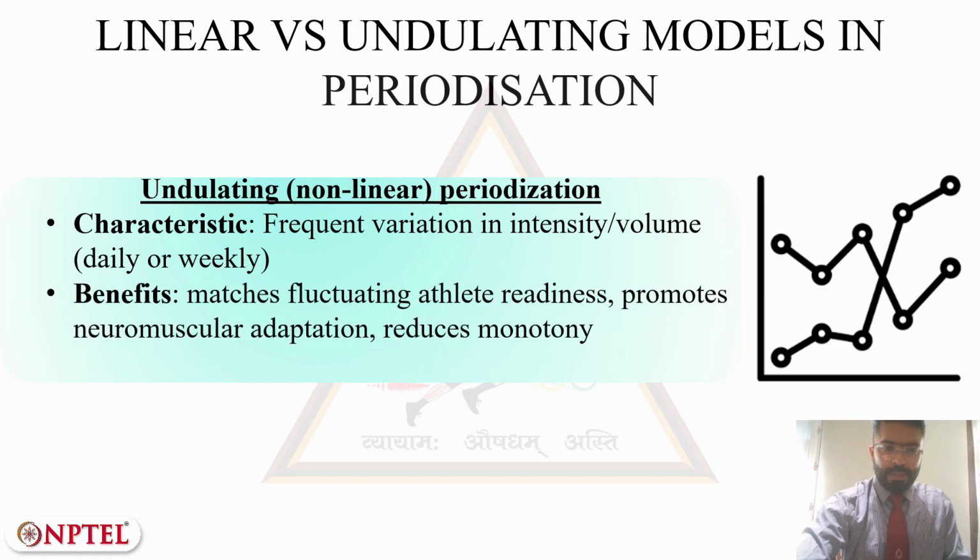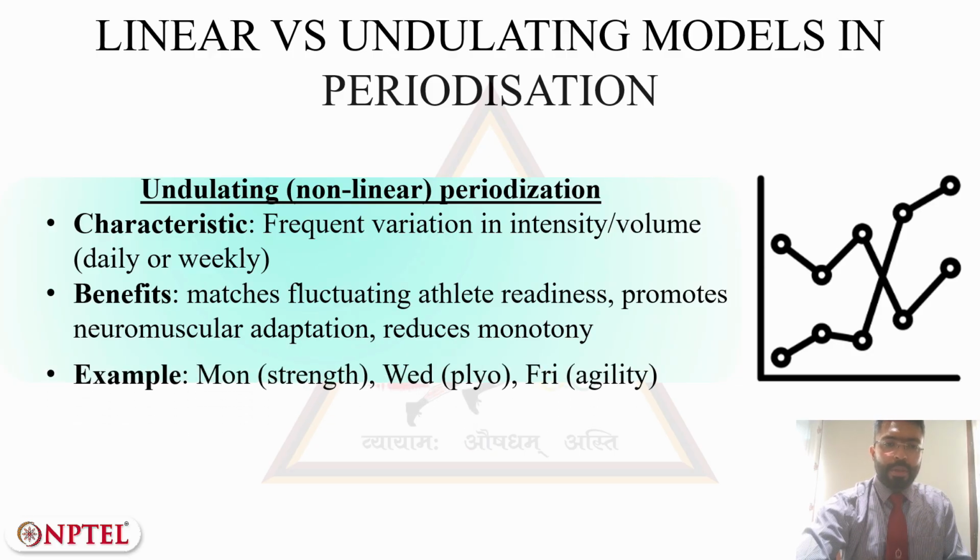The benefits of this model is that it matches the fluctuating athlete readiness, promotes neuromuscular adaptation, and reduces monotony by introducing variation in the training or rehabilitation schedule. For example, on Mondays, the concentration or focus may be on strength, on Wednesdays for plyometrics, and Fridays for agility training.